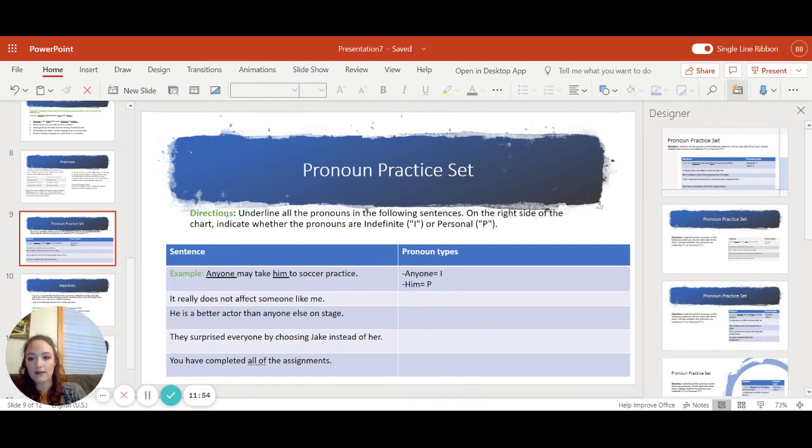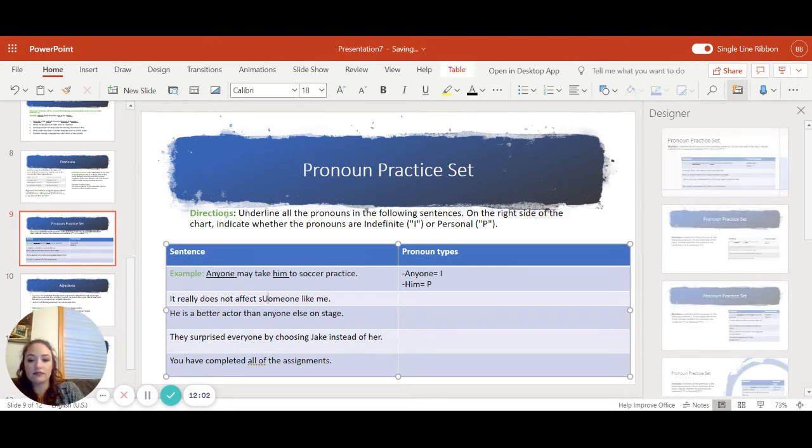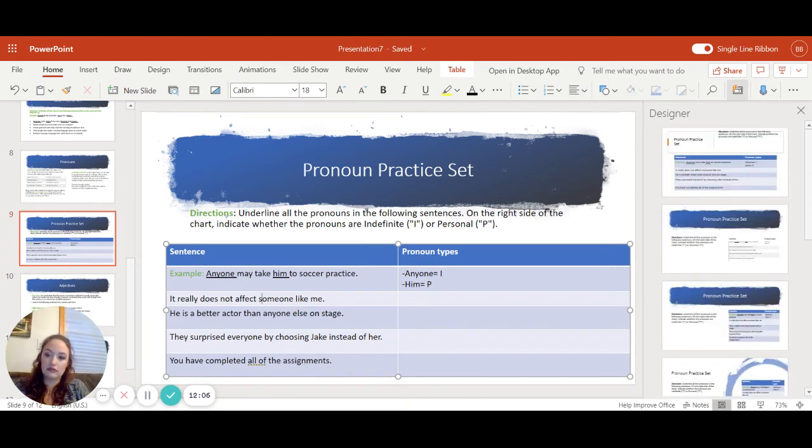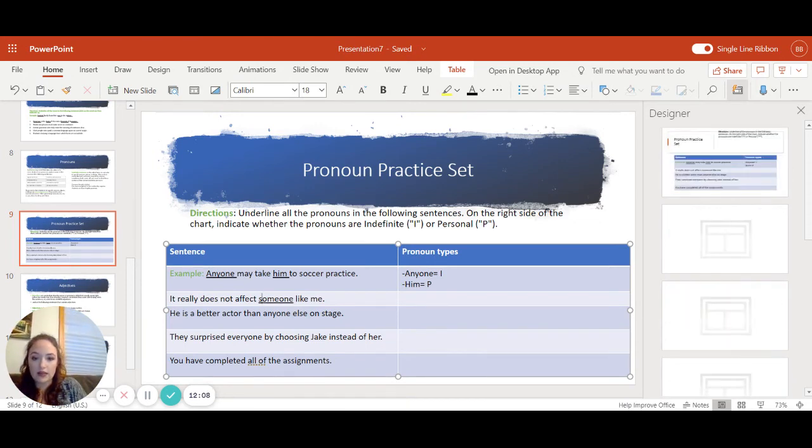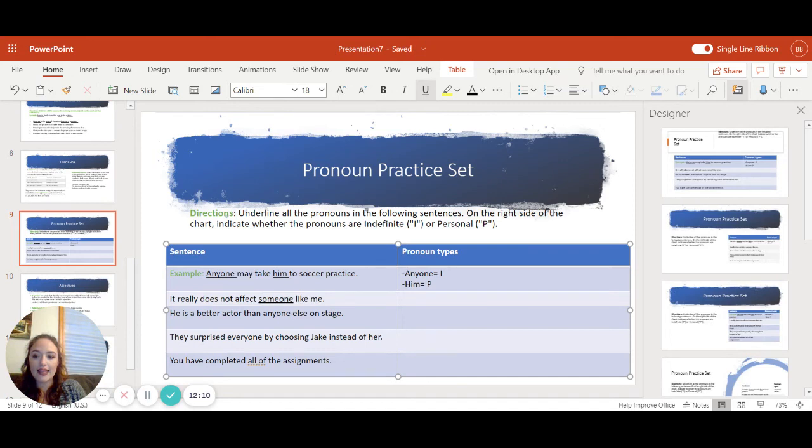Let's do one more together. It really does not affect someone like me. So we have someone. Oops, sorry, heard my dog. So someone we're going to underline, and then me we're going to underline, okay? So someone is indefinite, right? Same thing as anyone, that type of thing.